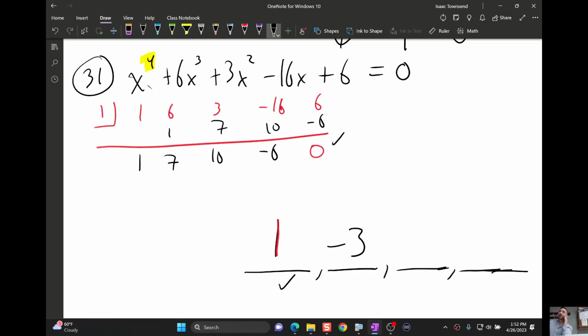But I know 1 more that should go into it evenly. So don't divide negative 3 into the original. Divide negative 3 into the already reduced one. And it's also a 0, so we can also anticipate a remainder of 0. So do the synthetic division.